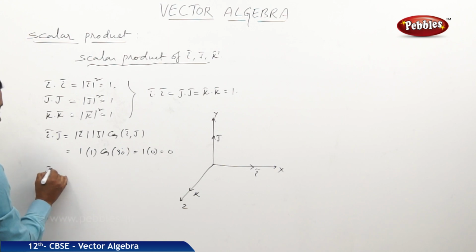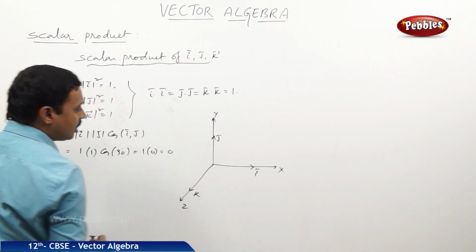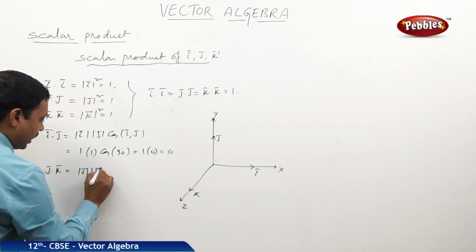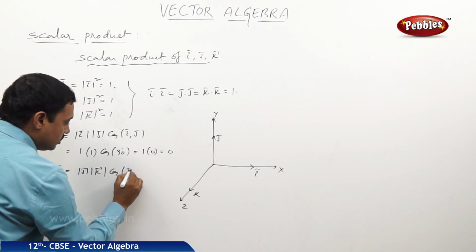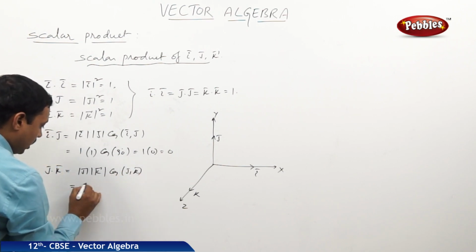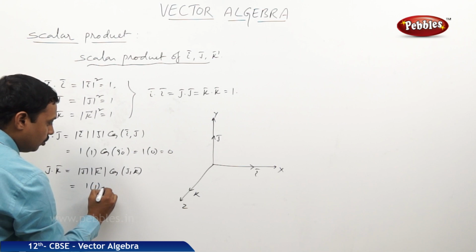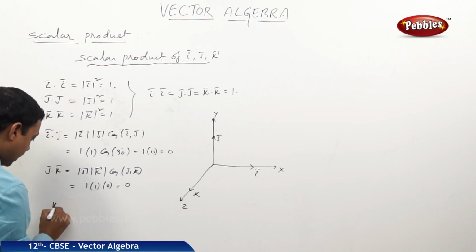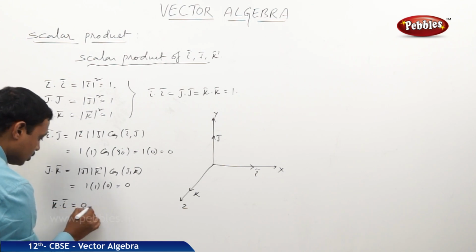Similarly, j dot k. Here j and k are also mutually perpendicular vectors. Mod j into mod k into cos of the angle between j comma k. Again it is 1 into cos 90, that is 0. Similarly, k dot i is also 0. Why?